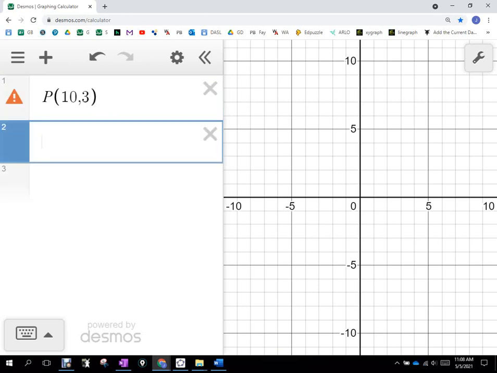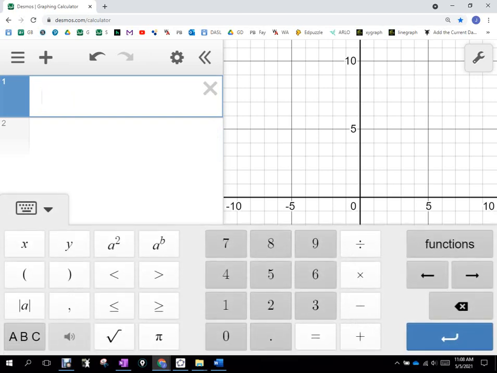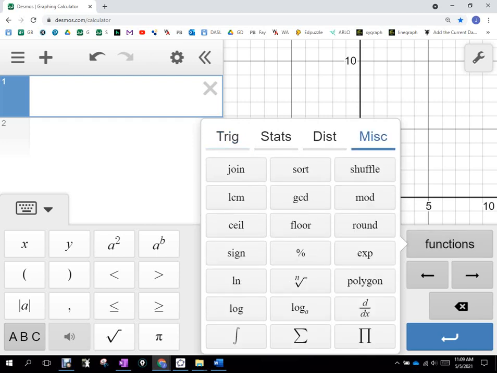So let's see here. Some calculators, you'll type it in as P and then kind of like an ordered pair like I just typed in, and it will do the permutation for you. Looks like we have to go to functions, probably miscellaneous.